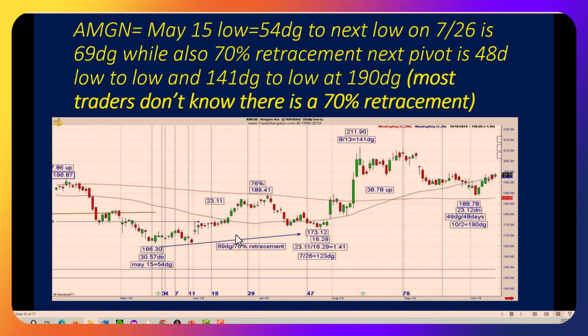So the proof of the pudding in why my Gann calendar works is because the figures that I show you for the DG vibrational day of the year embed very nicely into the pattern. It embeds into the pattern so nicely, it's actually mind-boggling.